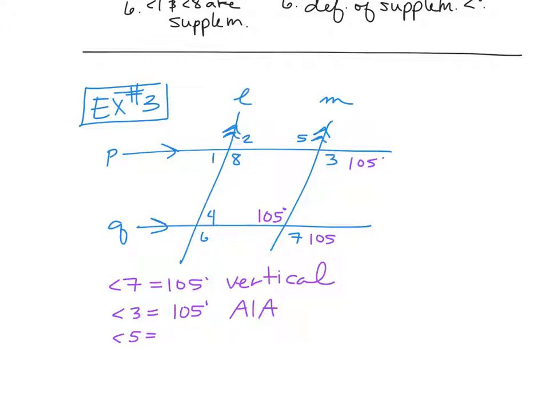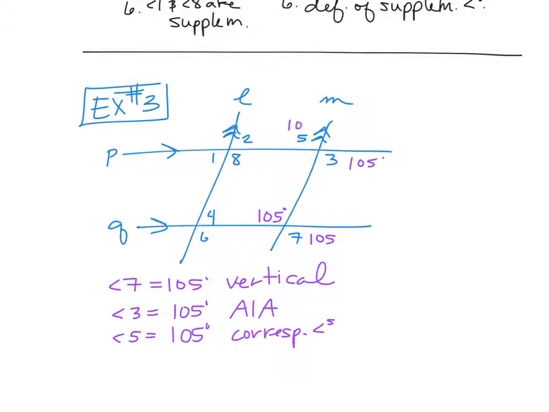Oh, okay. I just want to make sure I wasn't correcting. We'll go with 5. Angle 5 is 105. Why is angle 5 105? It's vertical to 3, or it's corresponding to the 105. So you can take either route there. It doesn't really matter. I'm going to go with corresponding just because that's the new thing we're talking about.